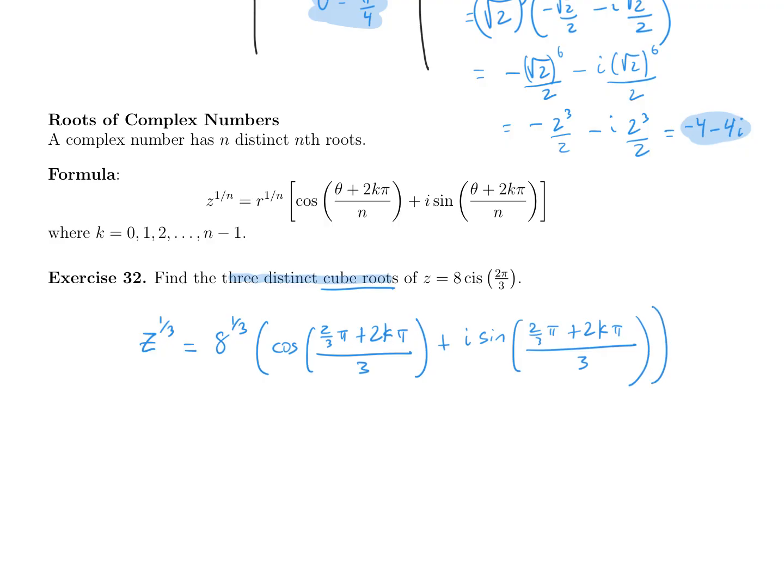Okay. Now to evaluate, like I mentioned earlier, since they want 3 distinct roots, you have to substitute k equals 0, and then we'll do k equals 1, and then we'll do k equals 2. So for the first one, we are doing k equals 0.